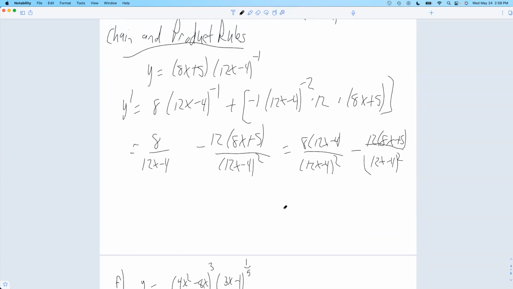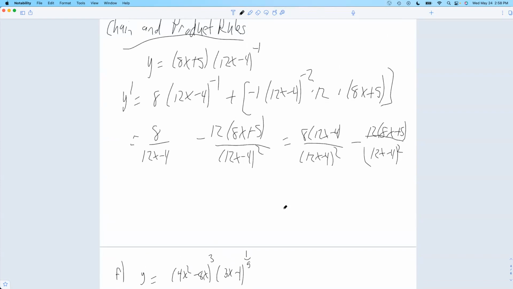But what if I wanted the derivative of this guy? So I could do this using chain rule. Oh, let me make that a little more interesting.